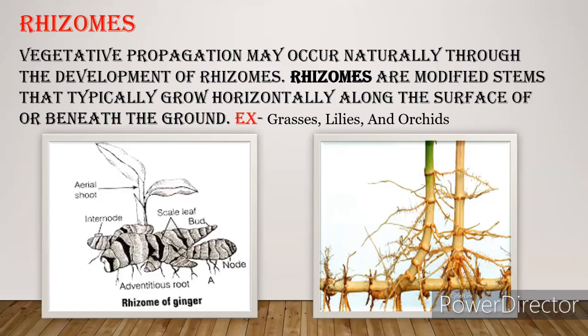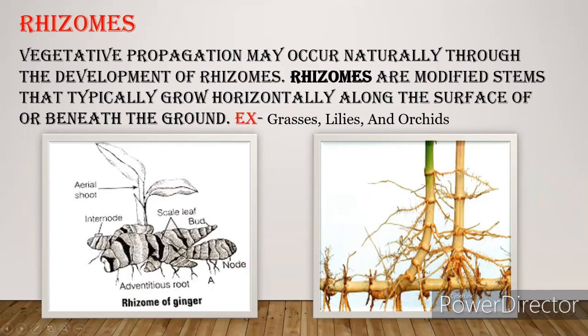The rhizomes are modified stems that typically grow horizontally along the surface or beneath the ground. The rhizomes are the storage site for growth substances such as proteins and starch. As the rhizome extends, the roots and shoots may arise from the segments of the rhizome and develop into new plants.